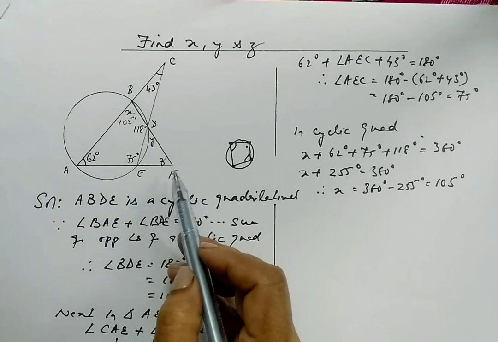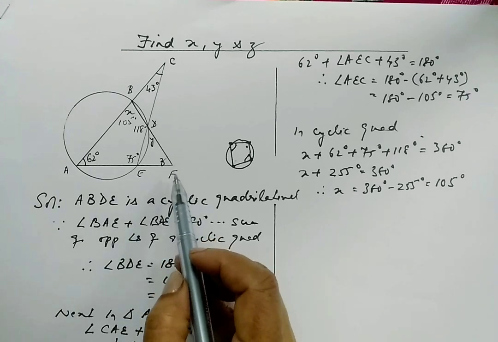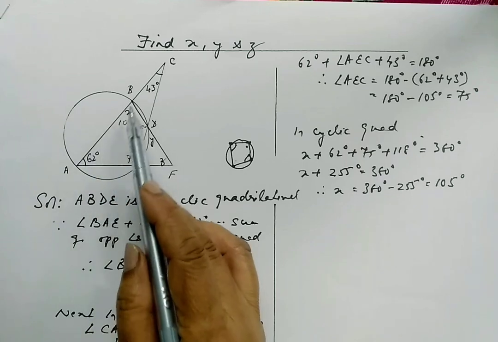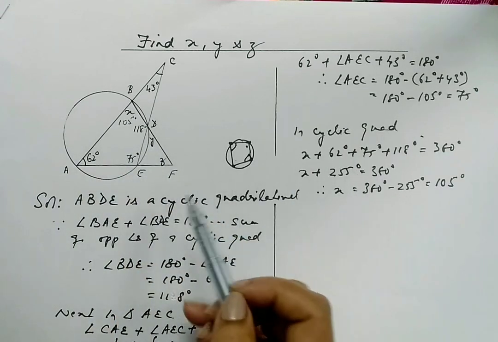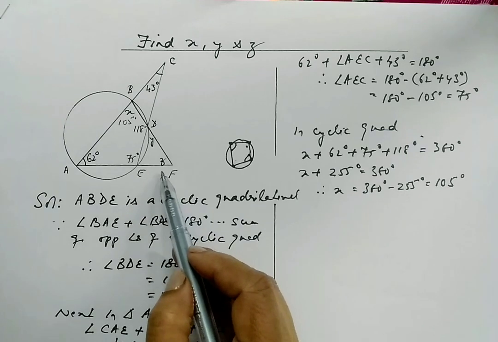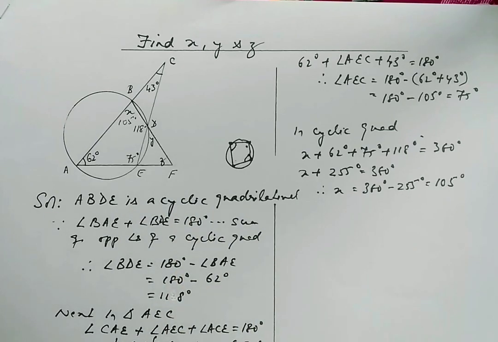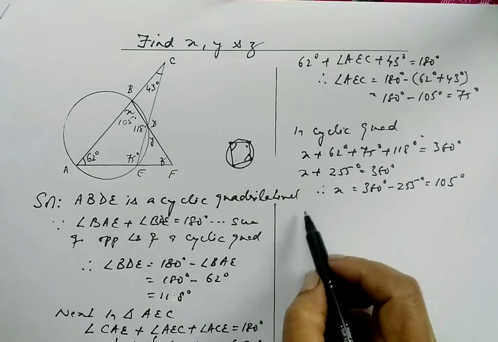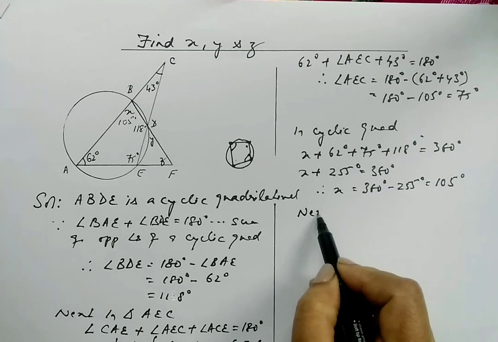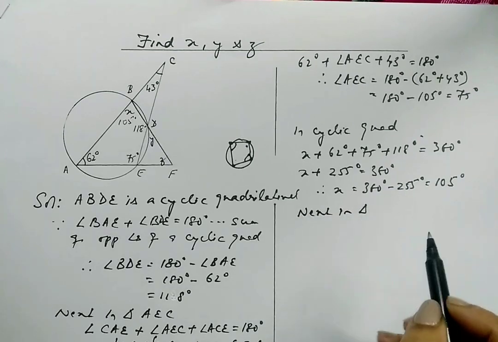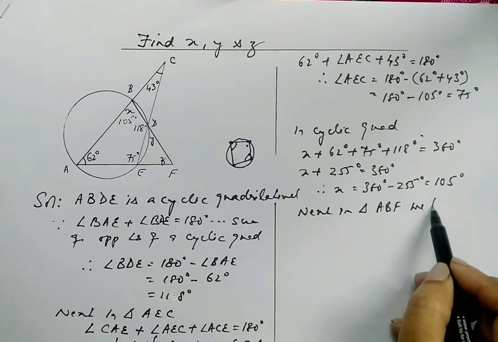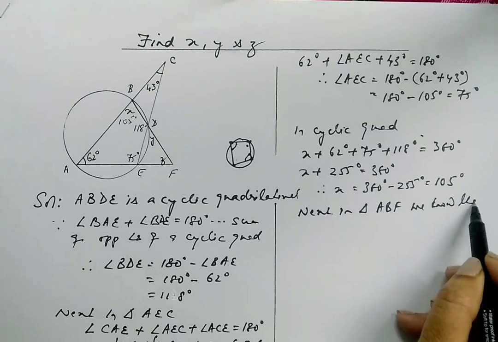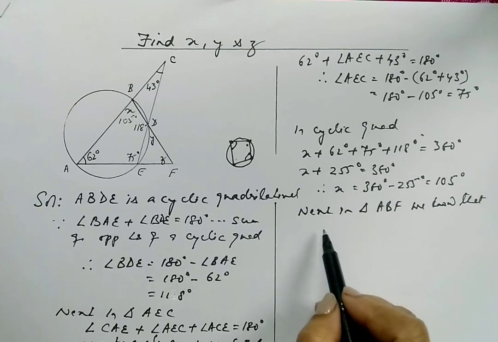For Z, however you pronounce it, we know that in this triangle ABF we have two angles already in hand. Z is still unknown to us. Okay, so should we go ahead? Next, in triangle ABF, what do we know?